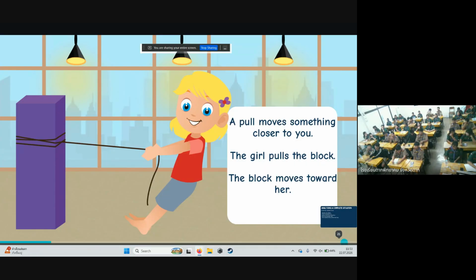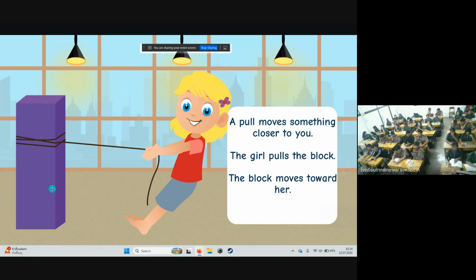A pull means moving something closer to us. This girl is pulling this block, and the block will move towards her. Pull is moving something closer to you.